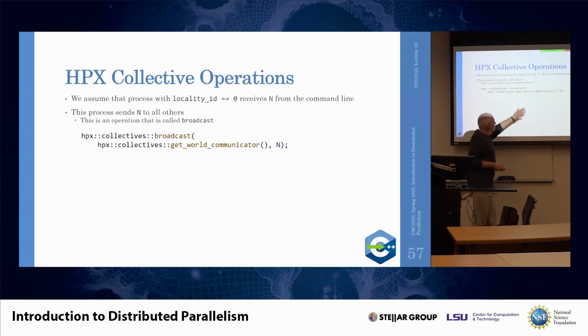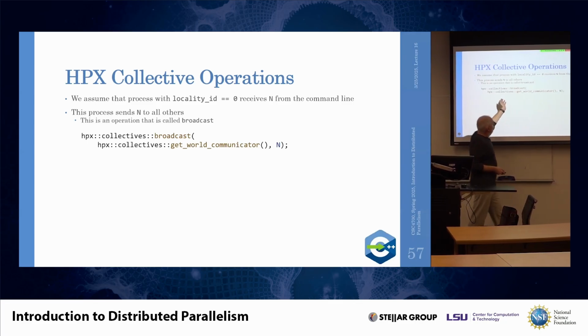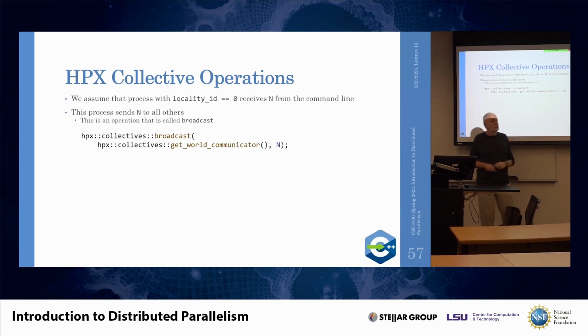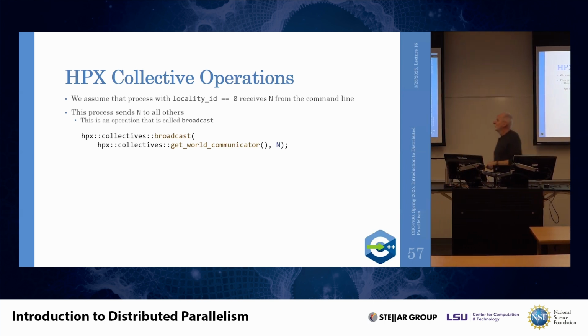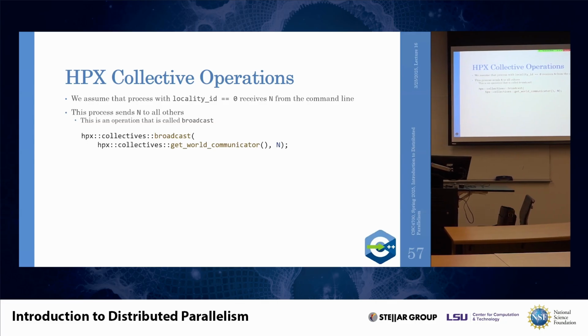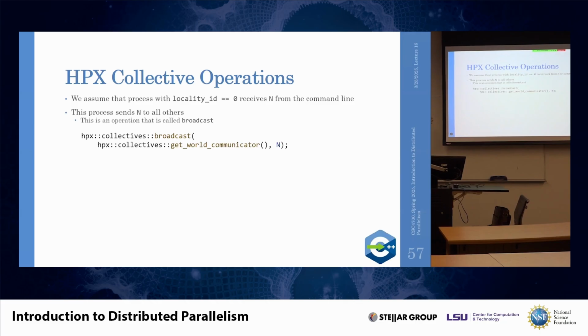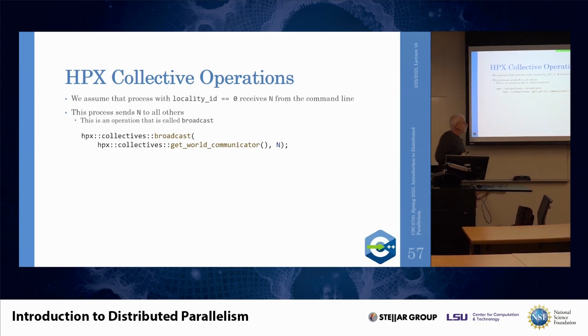You call broadcast, I'll say a word about the communicator in a minute, and you pass the thing you want to broadcast, n. On locality 0, n will be used as the value, and on all other localities, n will be set to whatever was received. So it's a reference. Broadcast will receive the value and will initialize your n with whatever it has received.